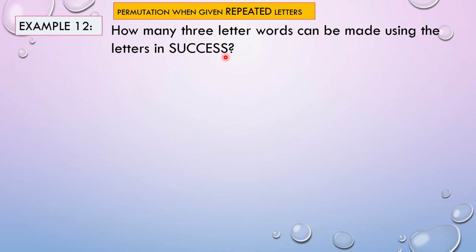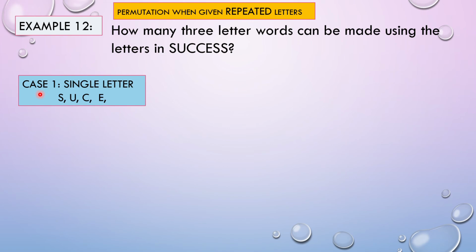Now, see. First thing, we are going to break this question into 3 cases. The first case is single letter. That means you take out all the distinct letters that we have in the given word. So here we have letter S, letter U, letter C and letter E. Since we want a 3-letter word, we have 4 letters and we are going to arrange 3.